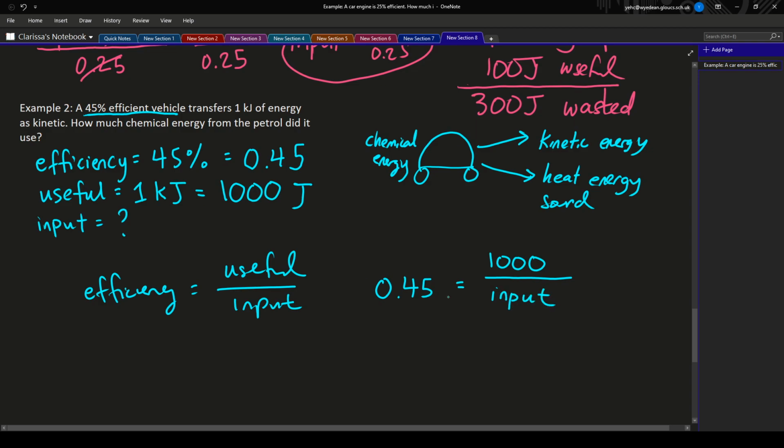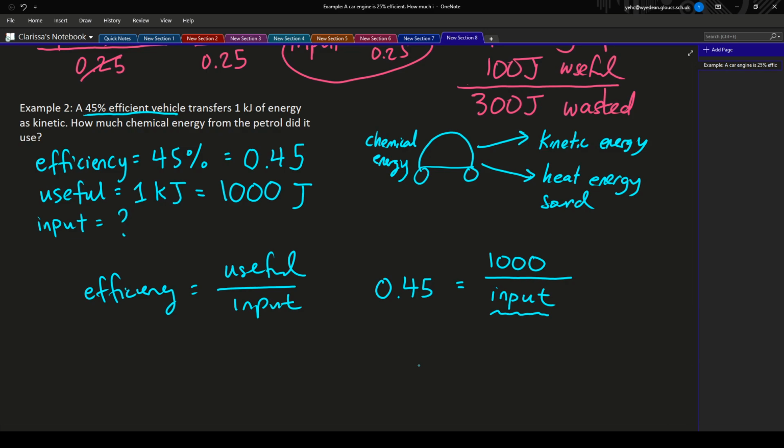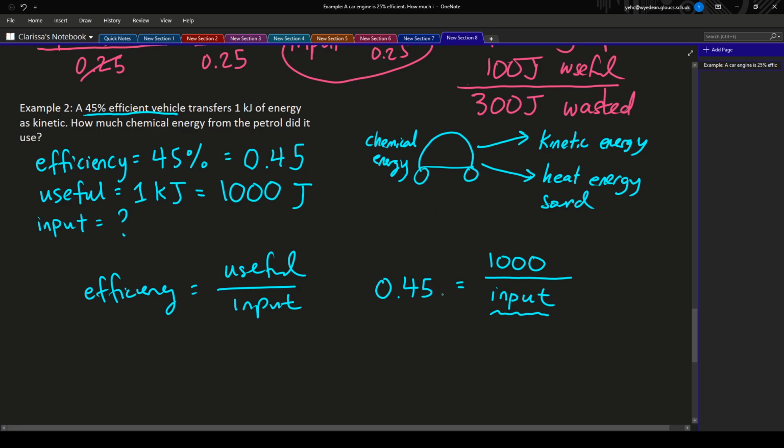Now remember, my variable, my input, is at the bottom. I can't rearrange unless it's on the top. Right now it's a denominator on the bottom. I want to bring it to the top. Easy way to do that is just do a little swapsy with that number there. So I can have input equals 1,000 over 0.45.